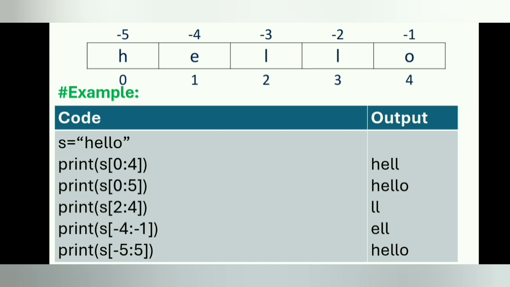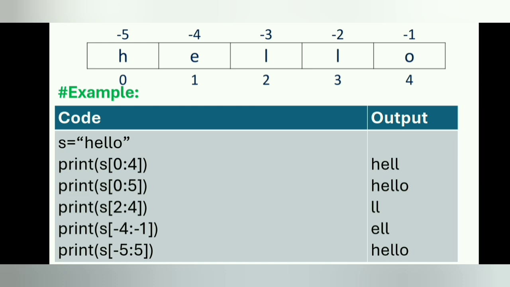Hence the output will be HELL. Similarly, the second print statement, print s[0:5], will display the characters from position 0 to 5. Here 5 is excluded, so it will display the characters from position 0 to 4. Hence the output will be hello.